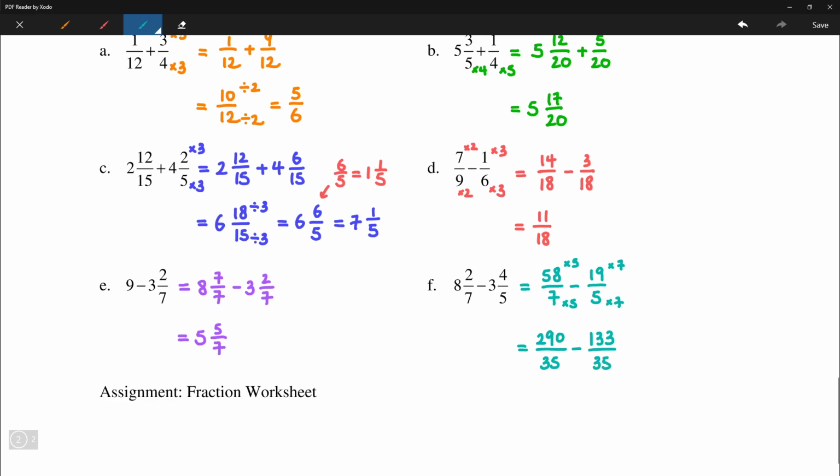And now we can subtract, which gives us, let's see here, 157 over 35, which we will finally rewrite as a mixed number. So here we can divide 157 by 35, which will give us 4 and a remainder of 17 out of 35.